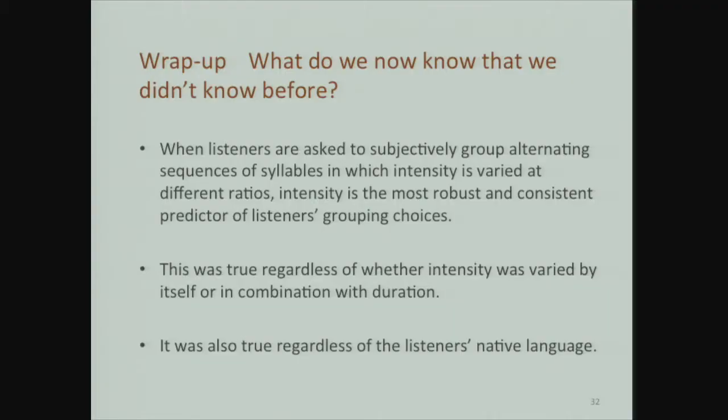So what do we know now that we didn't know before? Well, when listeners are asked to subjectively group alternating sequences of syllables in which intensity and duration are varied at different ratios, it doesn't matter if intensity is varied alone or if it's varied in combination with duration. Intensity is the most robust and consistent predictor of listeners' grouping asymmetries.